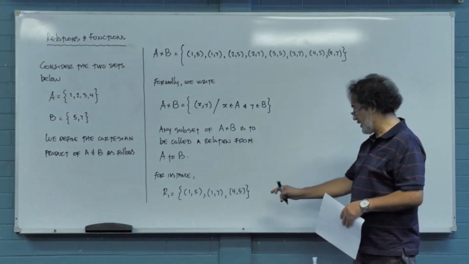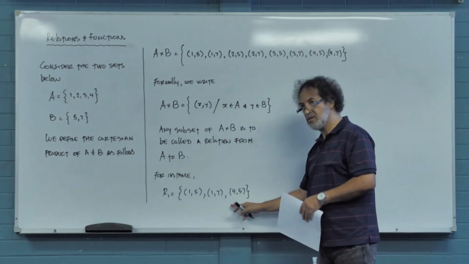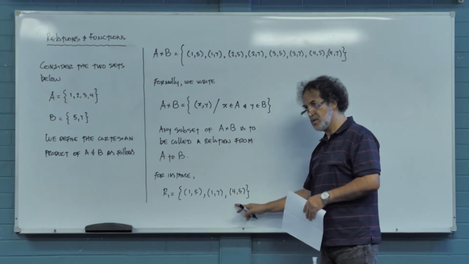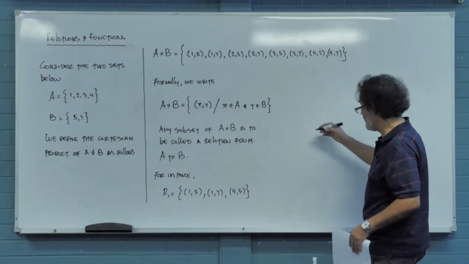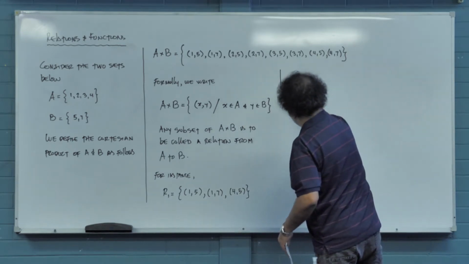We're going to say that this is a relation from A to B. So this is an example of a relation from A to B.